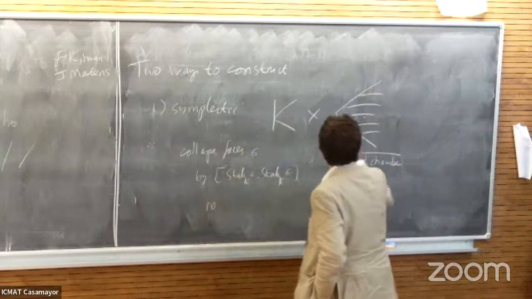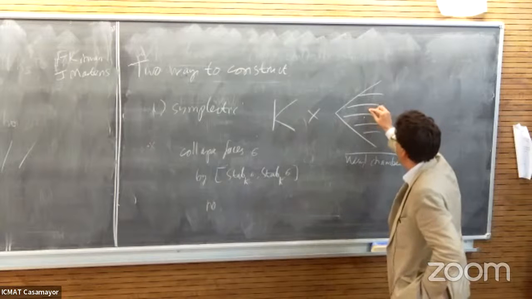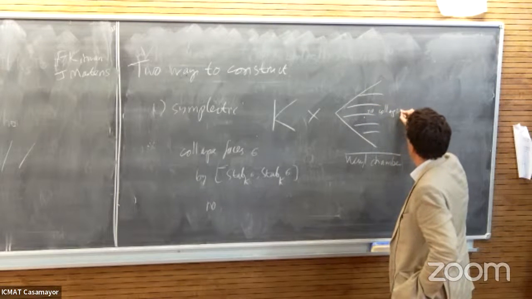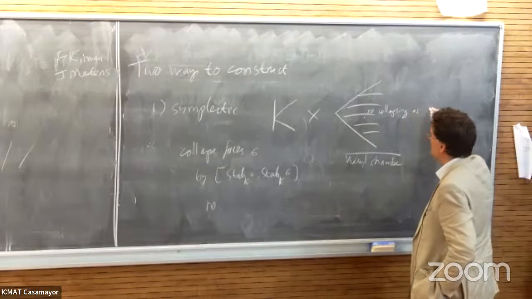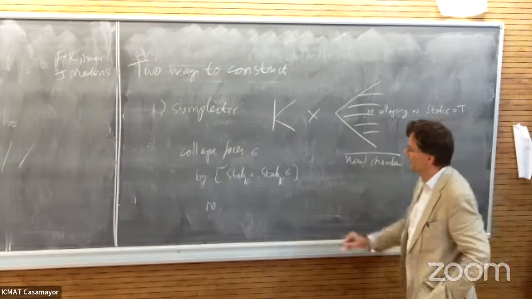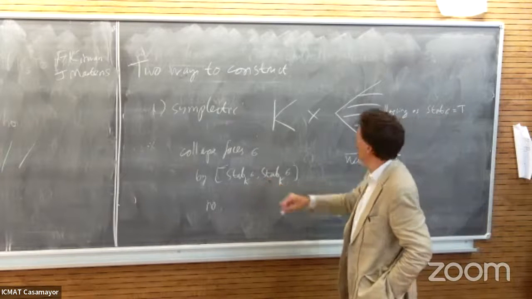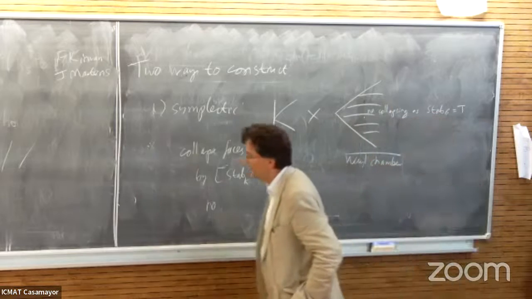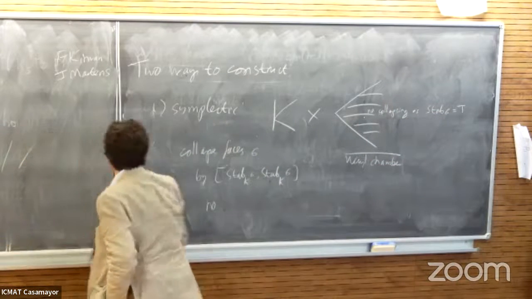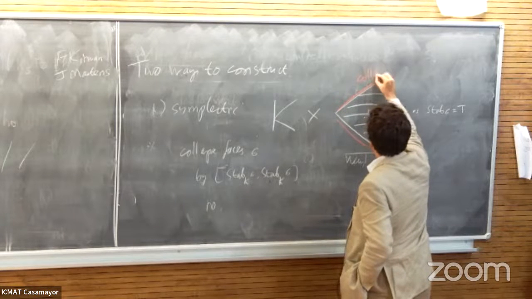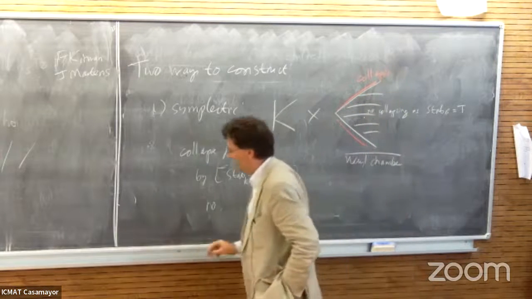So in particular, in the interior, there's no collapsing because the stabilizer is abelian. The collapsing occurs on the lower faces. Over here, they do collapse.